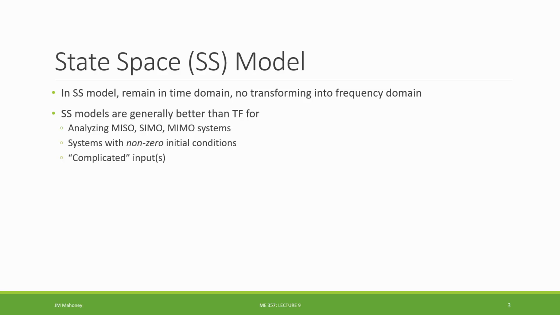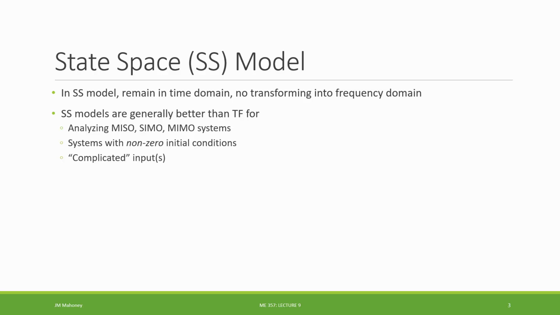And this is good for systems that have what I'll call complicated inputs. So something more than just a step input, an impulse, a simple sine wave. If we have a more complicated input function, a state space model might be easier to use to, again, analyze the behavior of the system. When we were dealing with transfer functions, we were doing Laplace transforms.